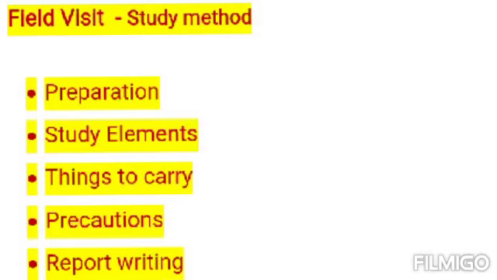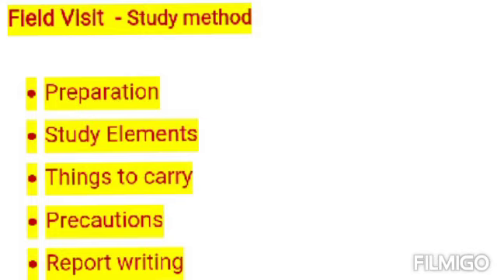Now, while going for a field visit, which things do we have to carry with us? The important things: notebook, specimen questionnaire, pen, pencil, scale, tape, compass, a bag for collecting samples, maps, camera, etc. Now, suppose you have finalized everything and reached that place.